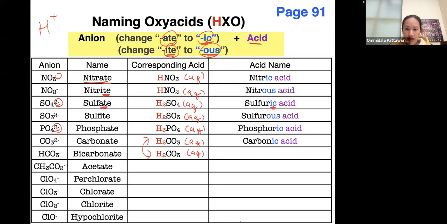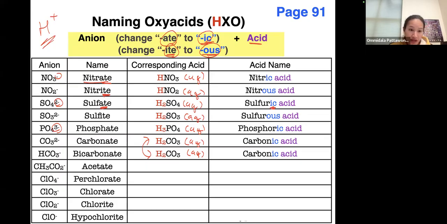So in this case, the name of this would be the same, carbonic acid. You might wonder, why is that? Why can carbonic acid yield both of them? When you are learning about acids in Chem 123, you will see that carbonic acid, when giving off hydrogen or proton, is going to do it stepwise. The first step, when it gives off the first hydrogen, is going to yield bicarbonate.